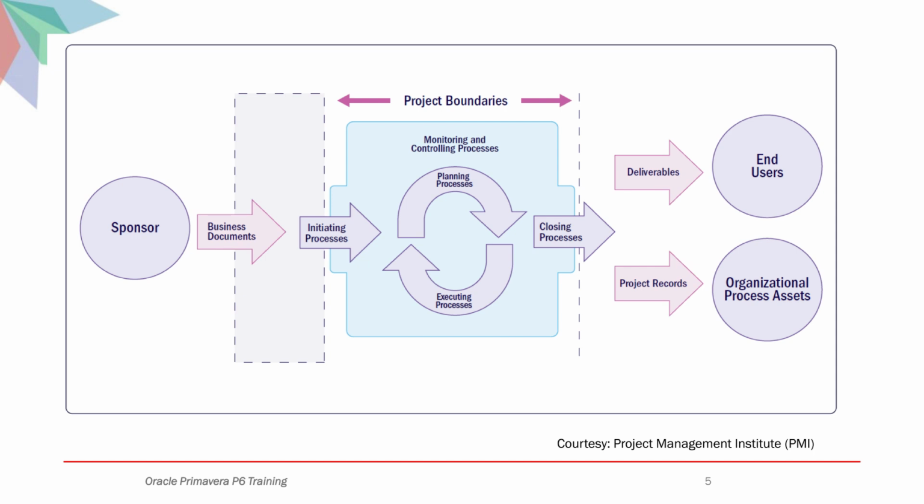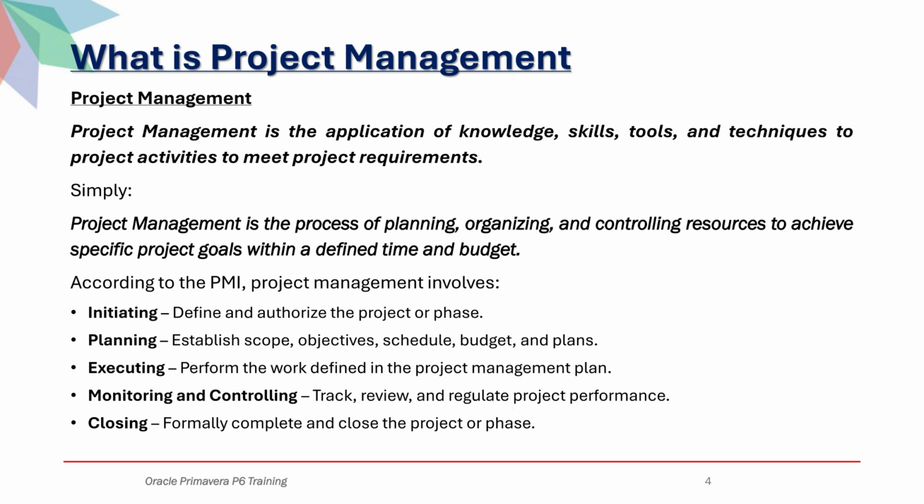Planning: establish scope, objectives, schedule, budget, and plans. Executing: perform the work defined in the project management plan. Monitoring and controlling: track, review, and regulate project performance. Closing: formally complete and close the project or phase.